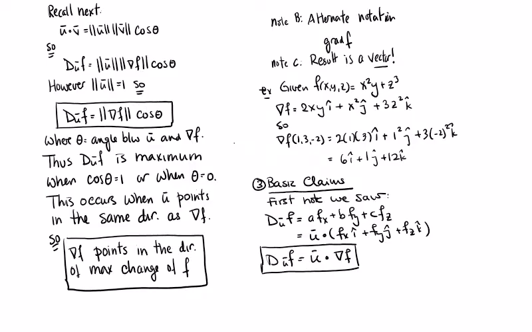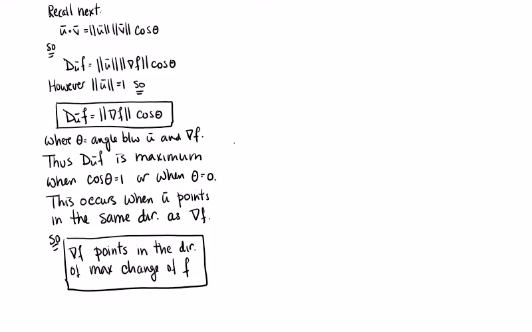But furthermore, we can say one more thing, and then we'll look at an example to really clarify. When the cosine is 1, in other words, when theta is 0, in addition, the directional derivative will be the magnitude of the gradient.